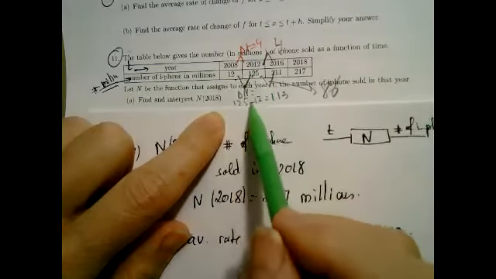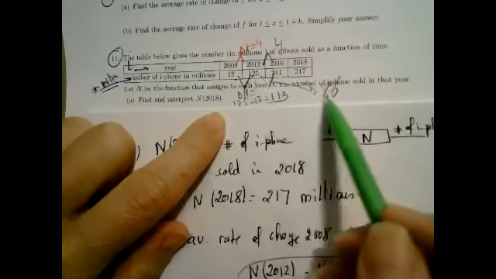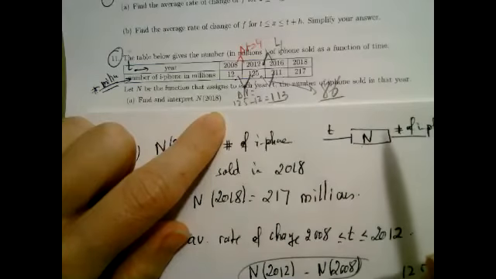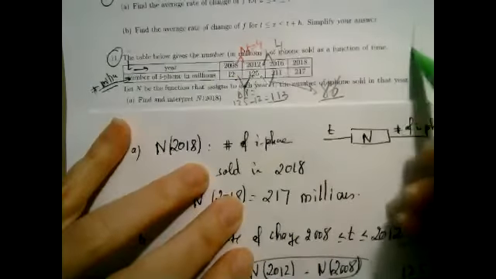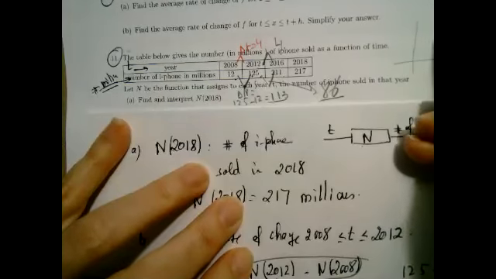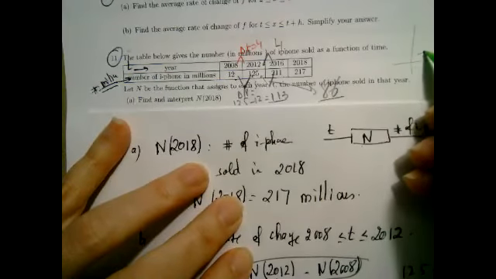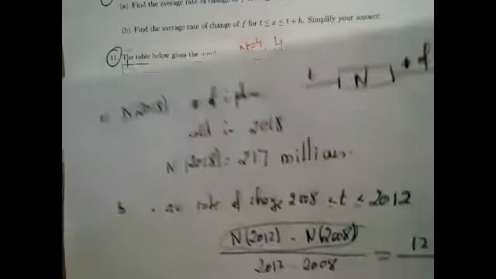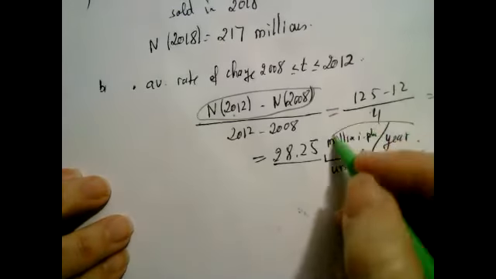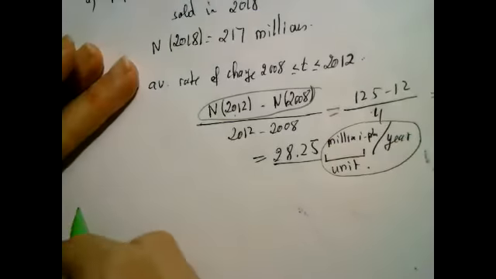So the first 4 years it increased by 113, then it increased by less, by 86 million. So that's not linear. Of course, if you start graphing, at the beginning we have a sharp increase, and then the increase went less and less. So we don't have a linear function. The unit is million per year.